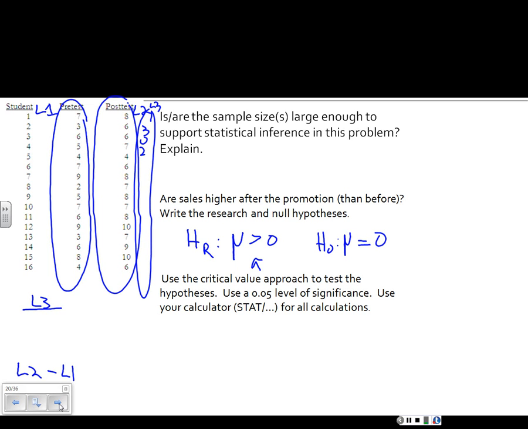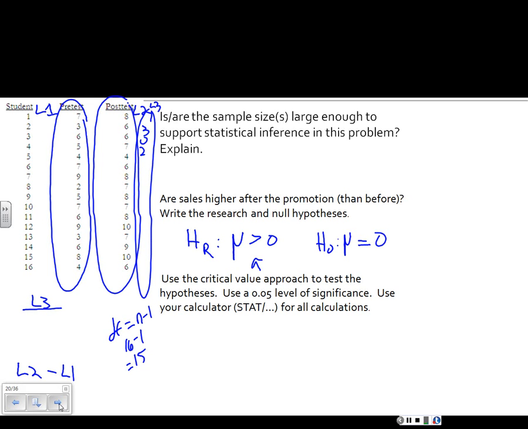Okay, it says use the critical value approach. So we're going to have to look up a critical value in the t-table, and then compare what we get on the calculator. So the degrees of freedom in this problem is n minus 1, or 16 minus 1 is 15.